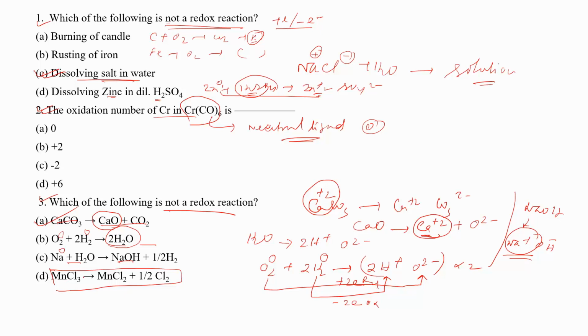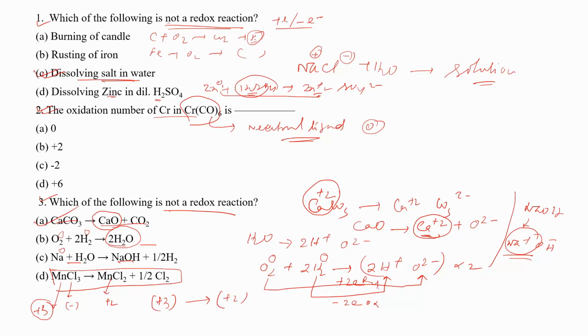We know that chlorine gives a minus charge, so manganese has a +3 oxidation state before the reaction. After dissociation it forms MnCl2, with 2 chlorines instead of 3, so it has a +2 oxidation state.